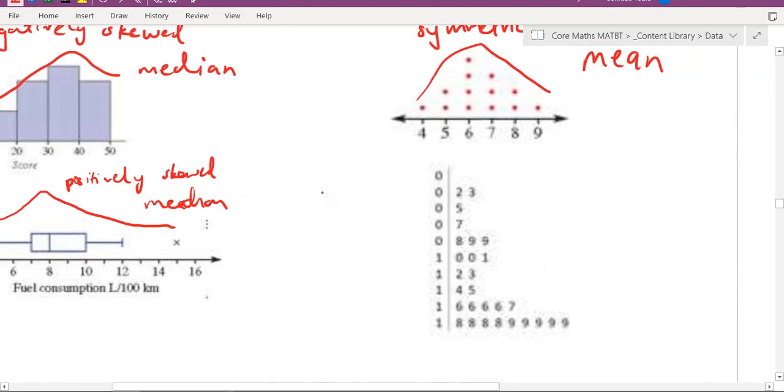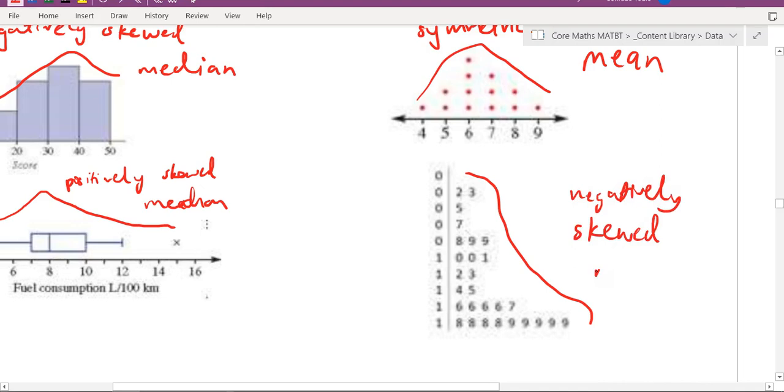And the last one, if you turn your head to the right, this should be negatively skewed. So that means because it's skewed, the median again is better than the mean.